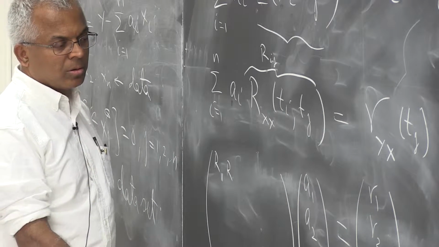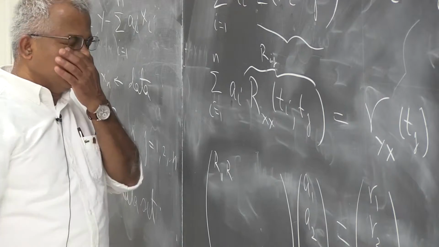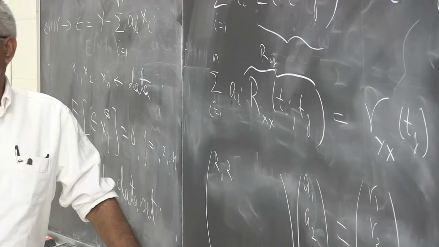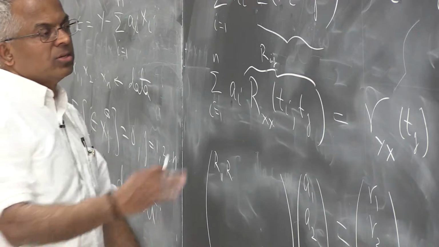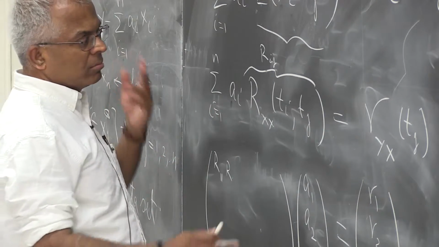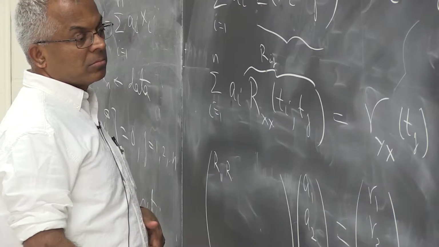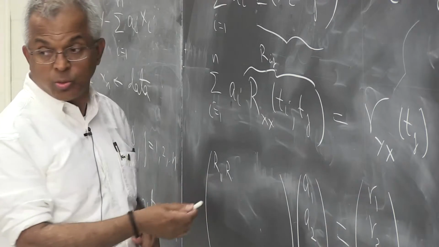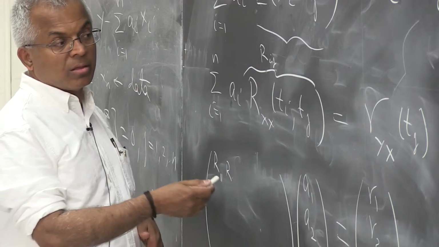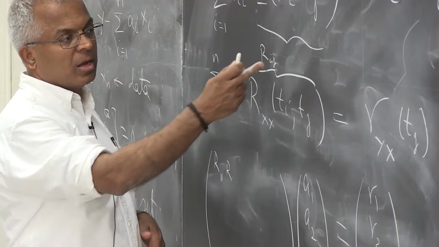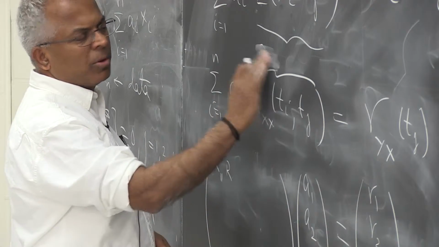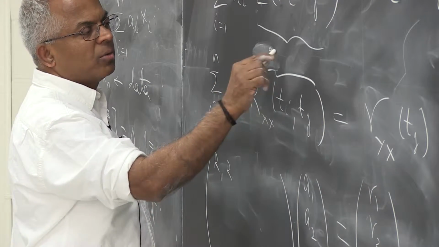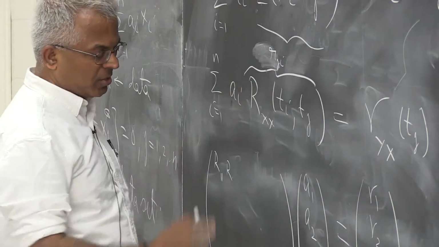So hold on. Is j moving or j is not moving? So this will be R21, right? i is going to 2. So if you want the other matrix notation, let me call this R_j, just a notation.